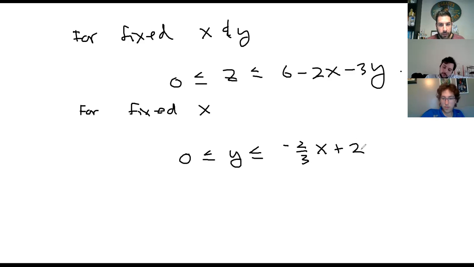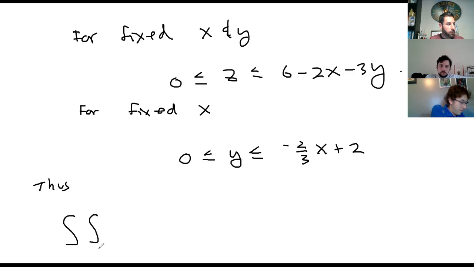Okay, now here's the rub. So what's the integral we get? This is kind of how you need to think about this. The integral we want is 2x, and the dV we wanted to do was dz dy dx.